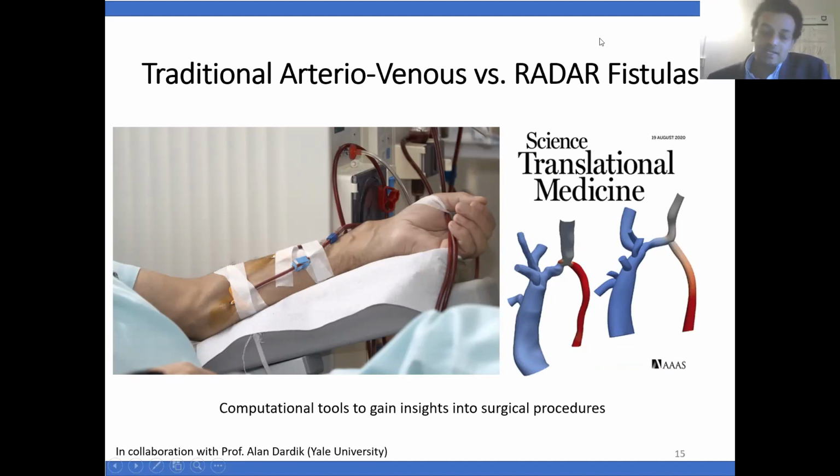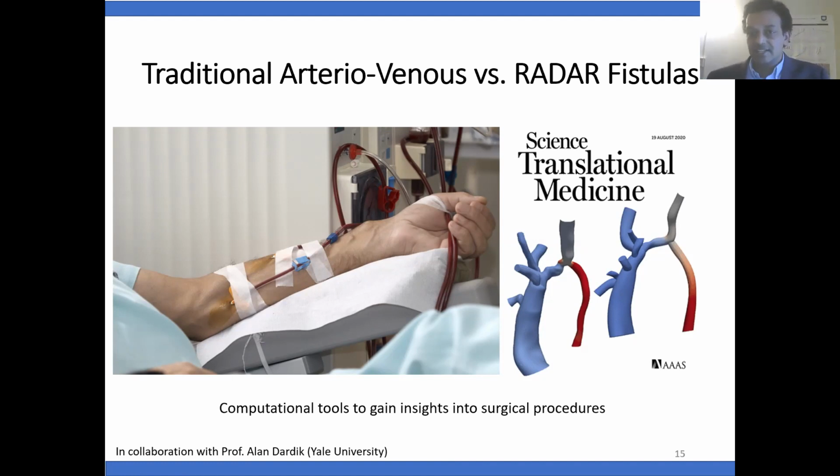And one of our surgeons here at Yale had come up with a new procedure to address this issue of arteriovenous fistula failures. Again, it's a vein subjected to a high flow, high pressure environment, and they fail a lot. And typically women suffer more because their fistulas don't mature as well as men because of lower cardiac outputs.